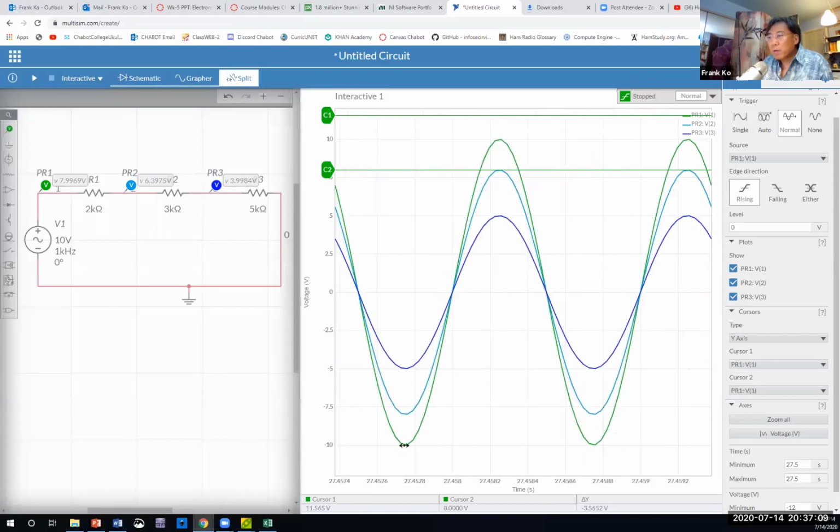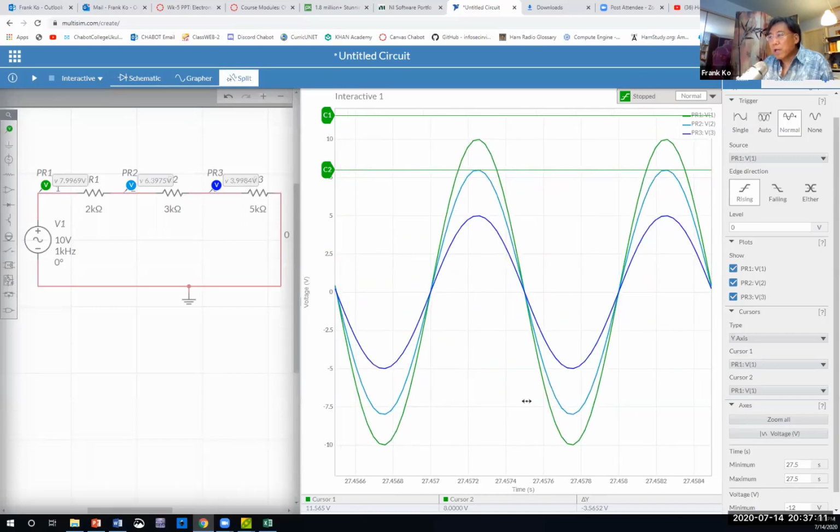It doesn't matter. Okay, now it's in the middle of the display. That's fine. Do we have a starting point right here for all the waveforms? They're all in phase with each other. They're just showing the values measured at different points of the circuit. Do we have a time mark here? What is the time mark here? 27.457.